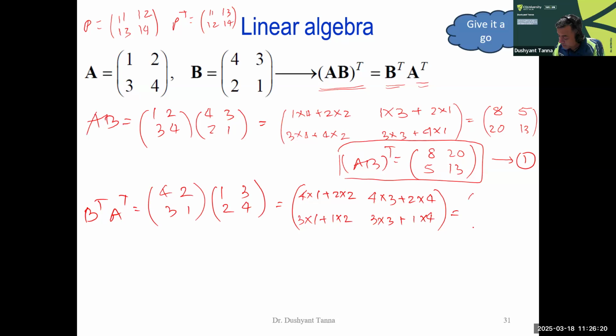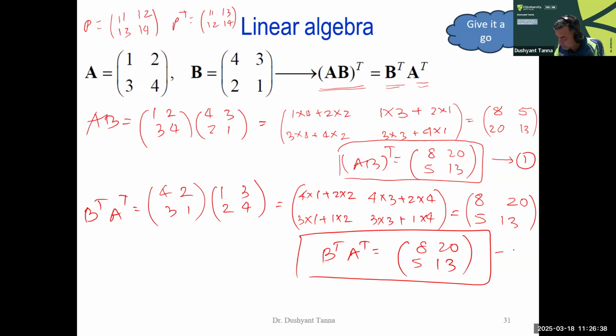Once you simplify it, you obtain 8, 20, 5, and 13. And therefore, B transpose multiplied with the A transpose is this. Again, make a nice block, call it result 2.